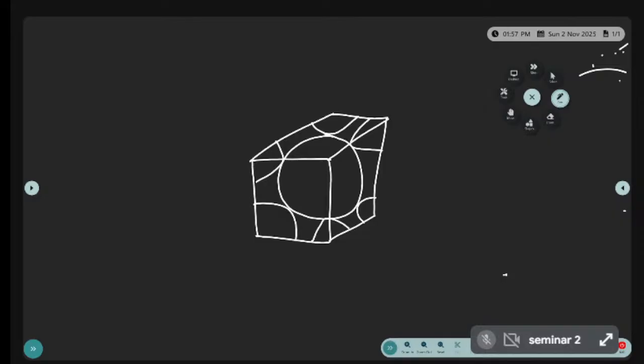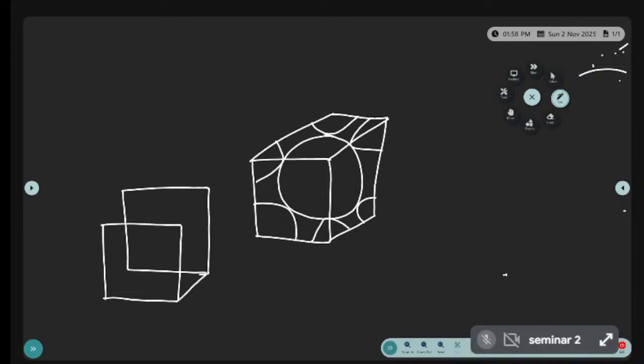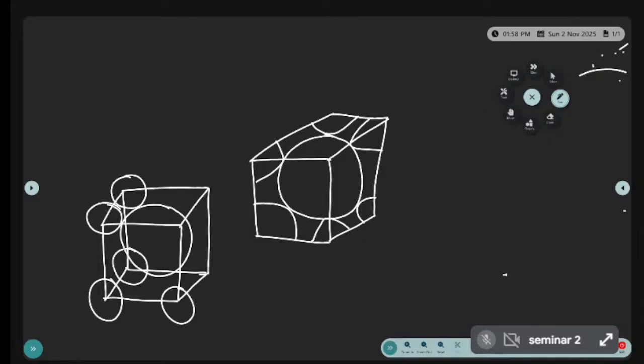It is a three-dimensional picture. Can you imagine? Or if I draw like this, it will be like this. The same thing I can show like this. Imagine, can you imagine this?